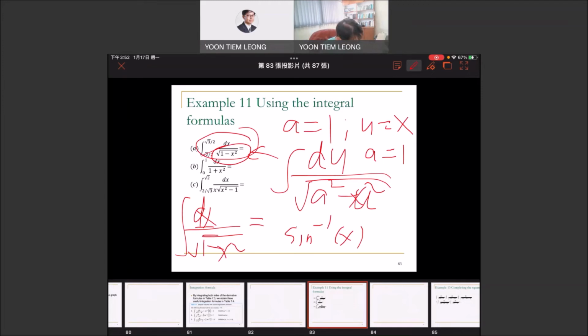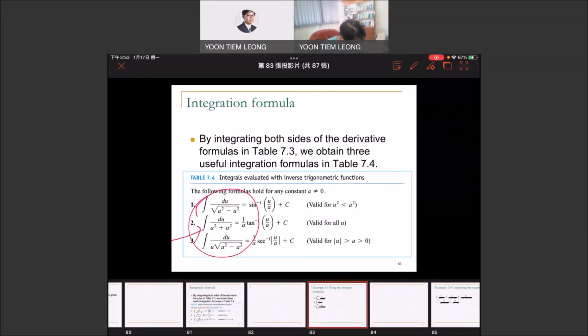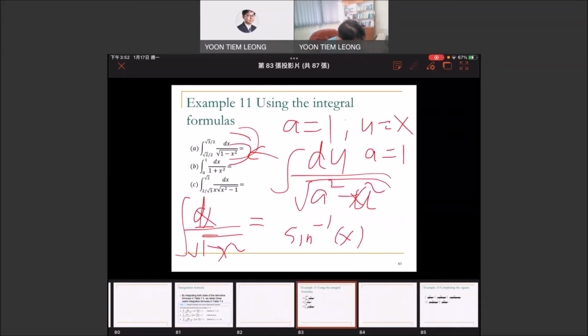Here the lower limit is 1 over square root of 2, or square root of 2 over 2, and the upper limit is square root of 3 over 2. So you have to evaluate this at square root of 3 over 2 and 1 over square root of 2.